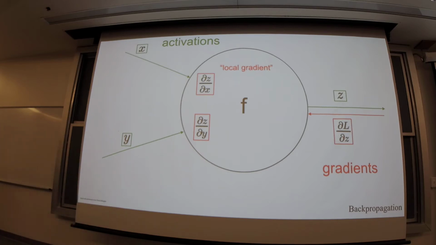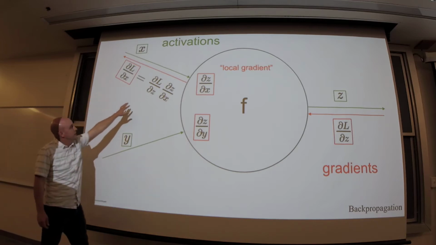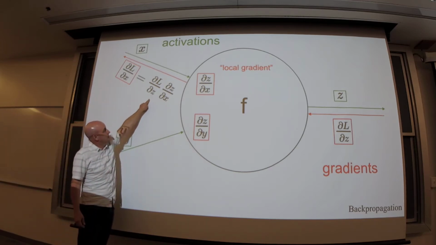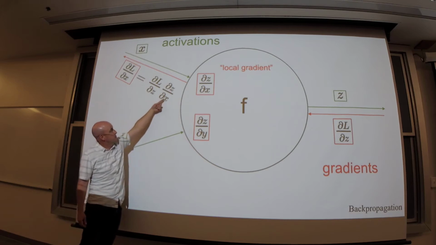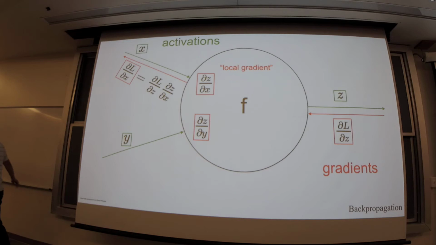And we just keep pushing it backwards till we're back to the weights. That's just an application of the chain rule. The partial derivative of the loss with respect to x is the partial derivative of the loss with respect to z, the output here, times the partial derivative of the output z with respect to x. Those just multiply together because of the chain rule.